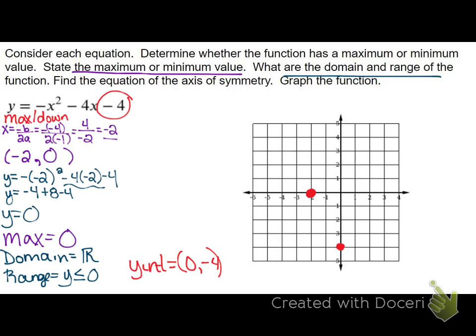Now remember, my axis of symmetry runs right through my vertex. If I'm going to graph this, I need another point that's going to be symmetrical to my y-intercept. So what's another point that's going to be symmetrical to my y-intercept? And this is what we focused on a little bit more yesterday.